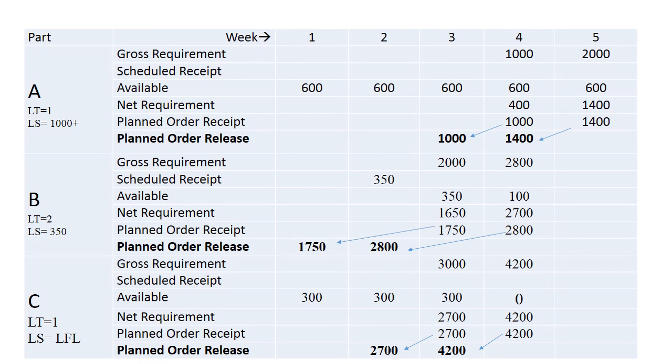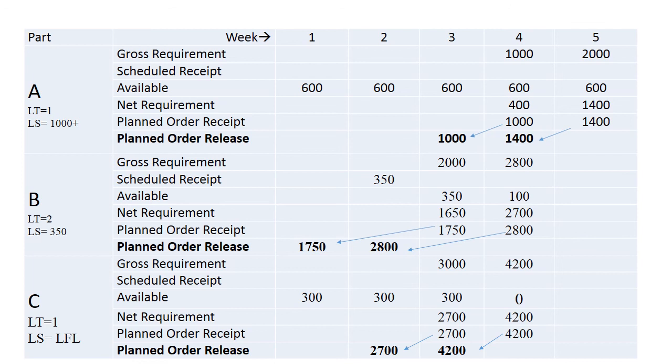By the way, to make 1,000 As, you will notice by this time enough Bs and Cs would have arrived for the folks on the shop floor to assemble 1,000 units of A. And in week 4, you will release an order of 1,400 A's to be made, and by that time 2,800 of B and 4,200 of C should be available.